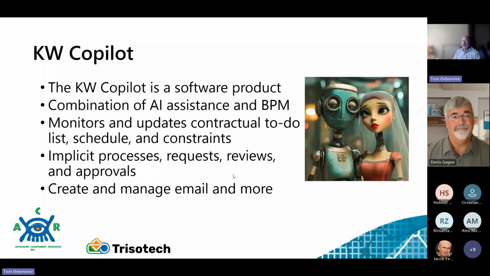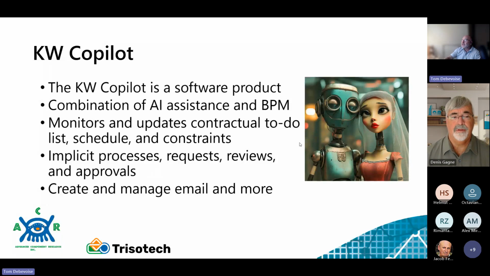And as you are executing a contract, it monitors and updates the to-do list, the schedules, the constraints and conditions of that contract, and it does this with natural language understanding. On top of that, the reason we believe we can use this approach is that we use implicit processes as they're performing these contracts in terms of requests, reviews, and approvals.